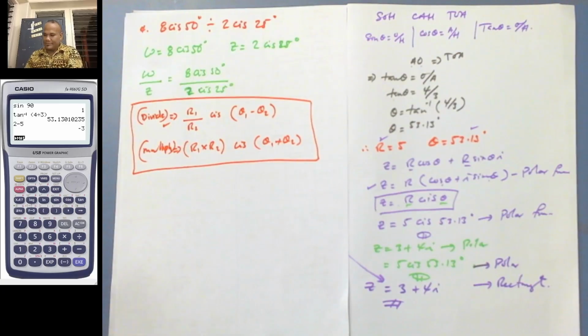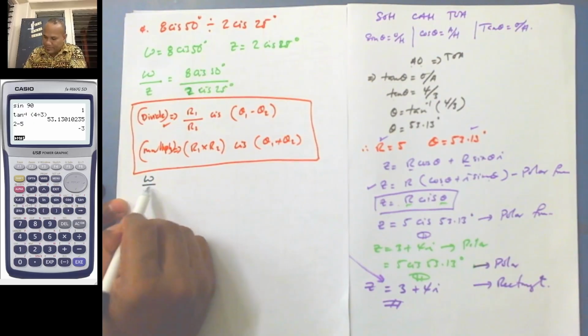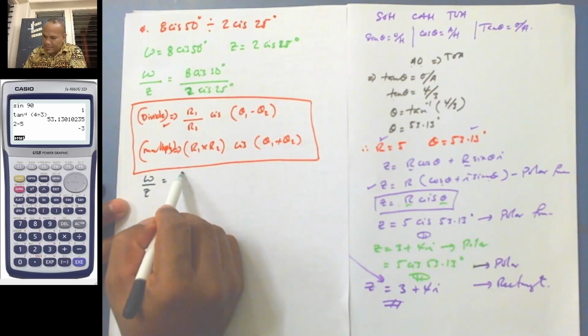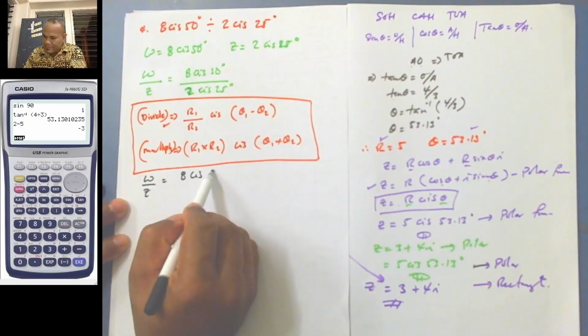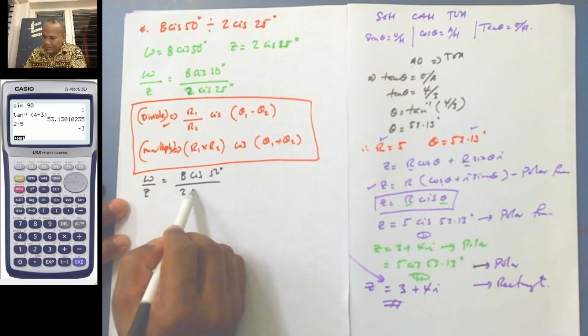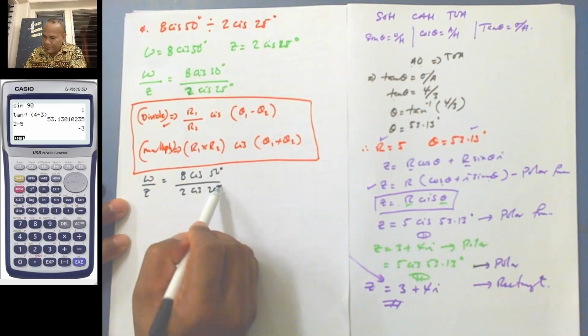So omega over z is 8 cis 50 divided by 2 cis 25 degrees.